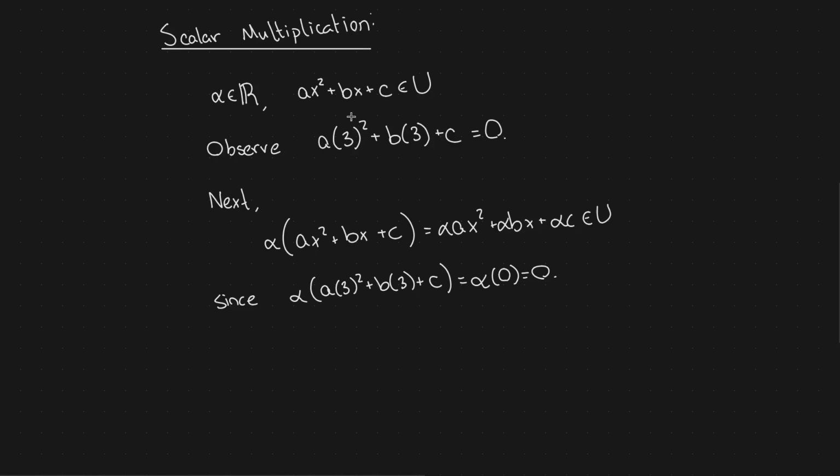Okay, there's nothing special about this polynomial that I've chosen. This would work for any coefficients a, b, and c so long as this condition holds. Okay, which means we're actually in U, which means U is closed under scalar multiplication.